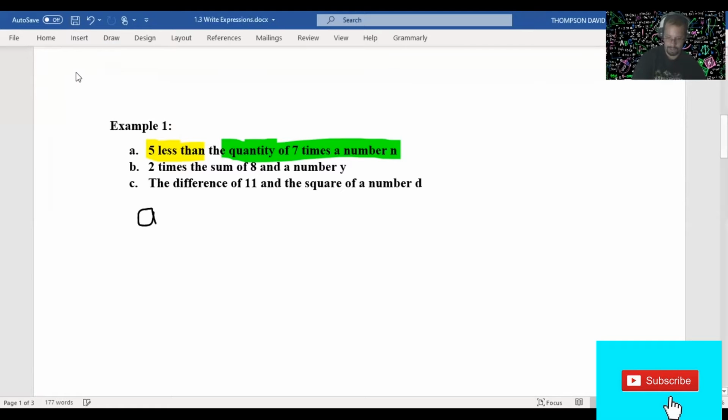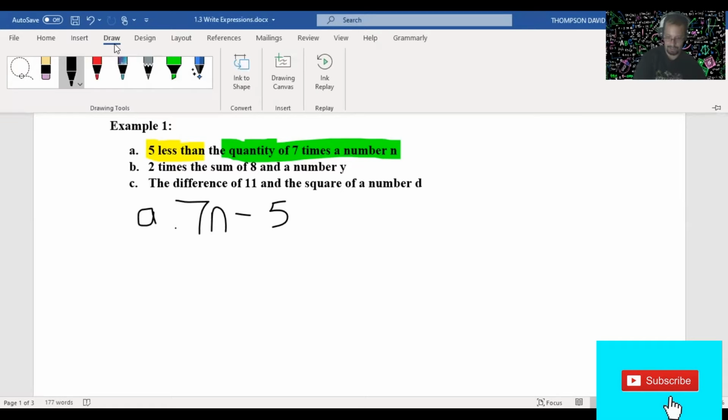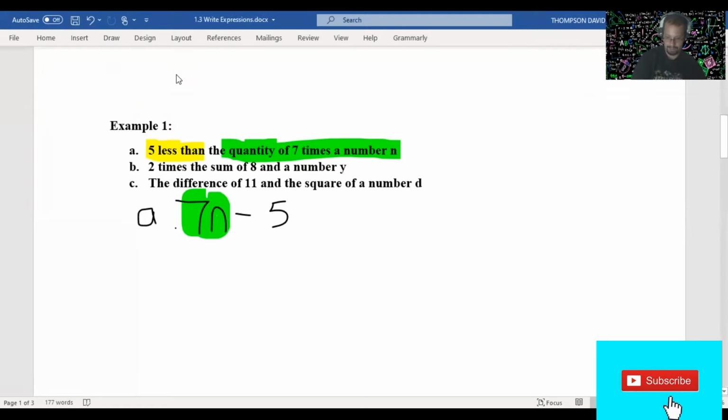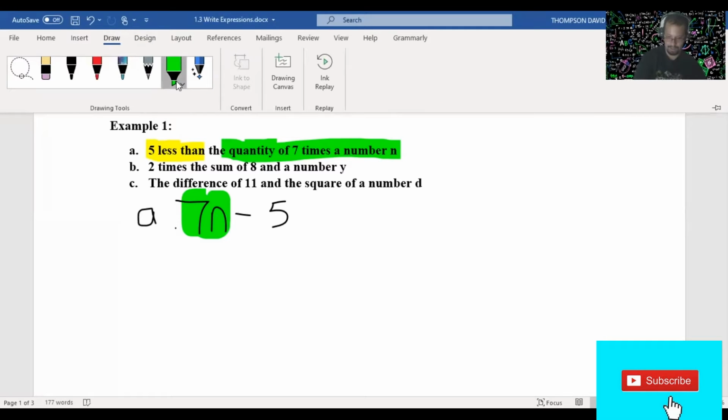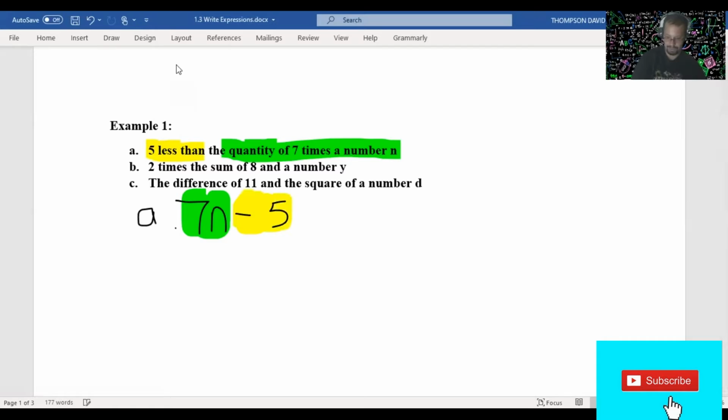So for A, 5 less than the quantity of 7 times the number n, that means 7n minus 5. Let's highlight the 7n in green to be consistent, and we'll highlight the 5 less than, which means subtraction, in yellow, and we're done.